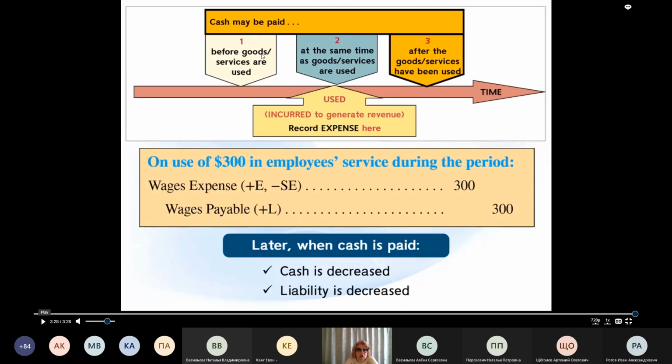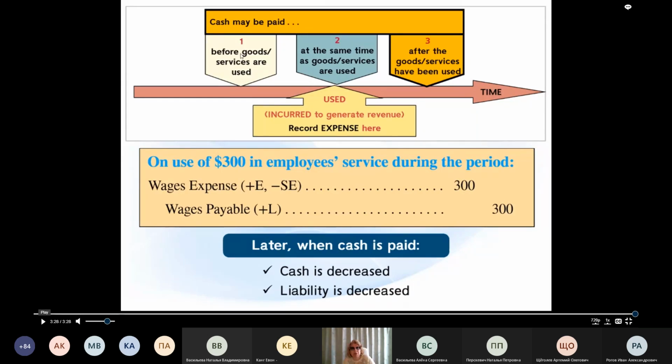There are three possible outcomes for cash outflow: cash payment before goods or services are used, at the same moment, and after. And of course, there are three ways of treatment in accounting for each particular case.